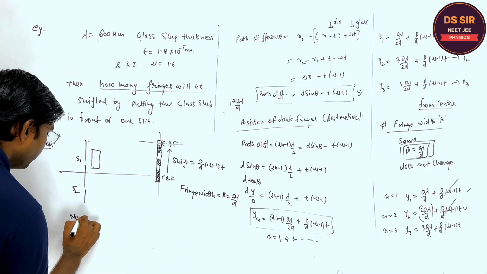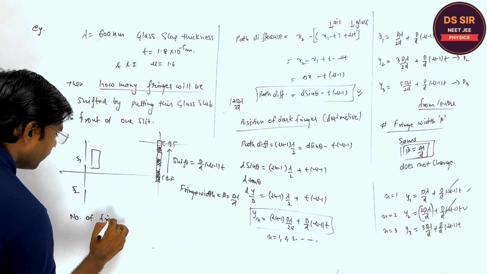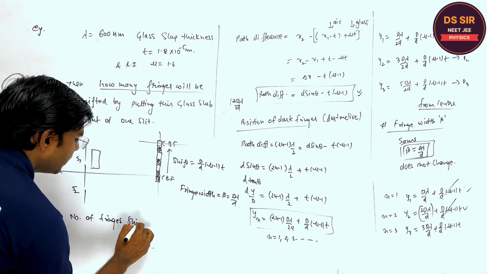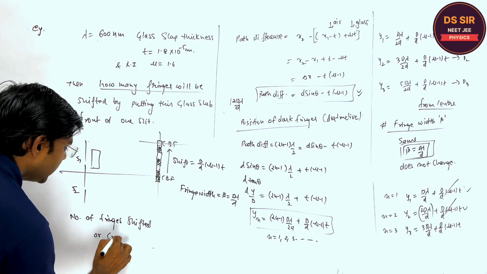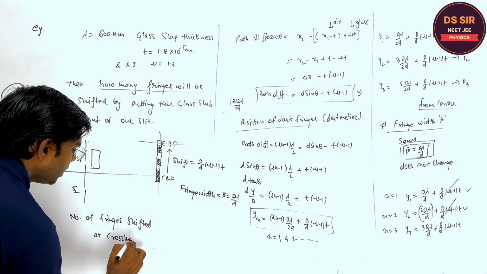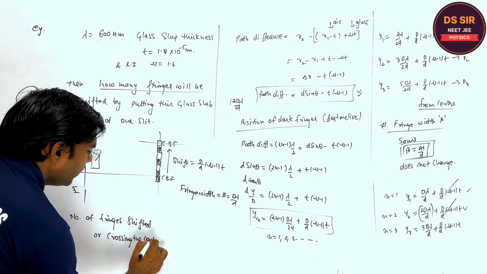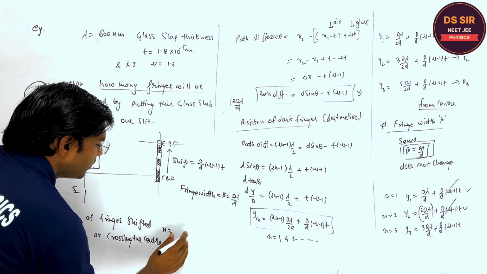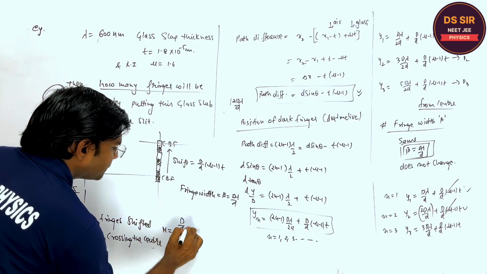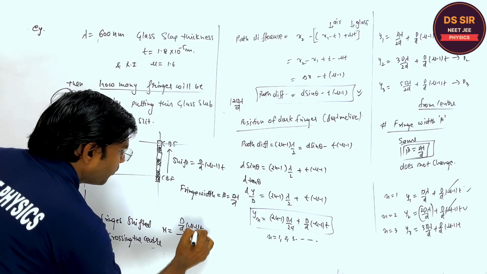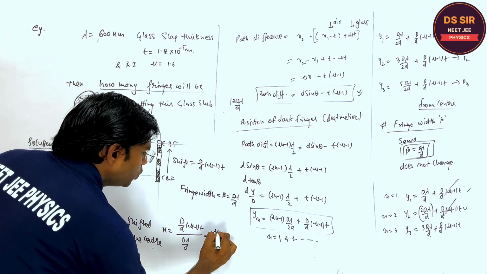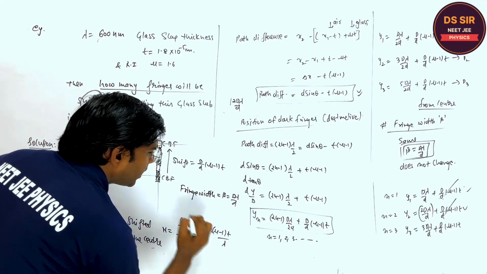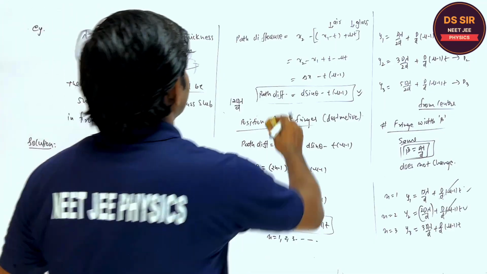So the number of fringes shifted or crossing the center is the shift divided by the fringe width. So it is equal to (mu minus 1) t upon lambda. So this is the solution, right?